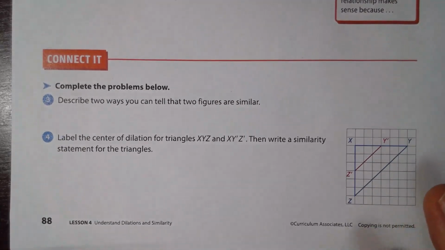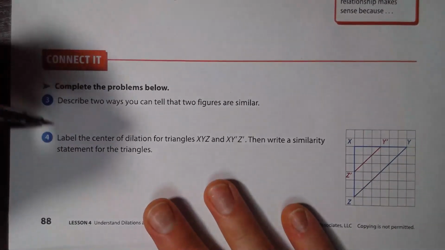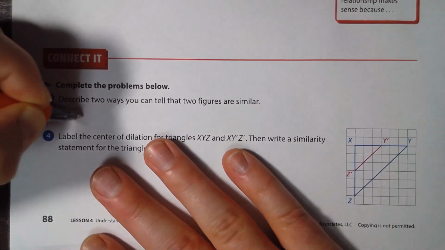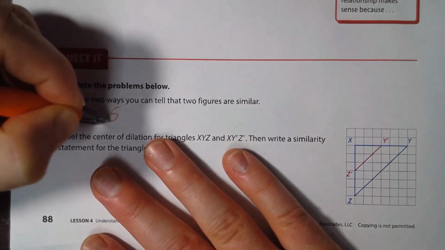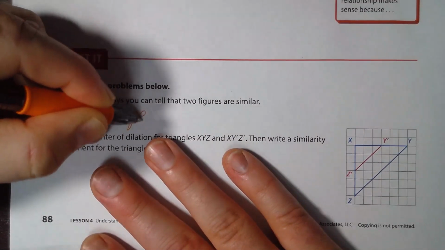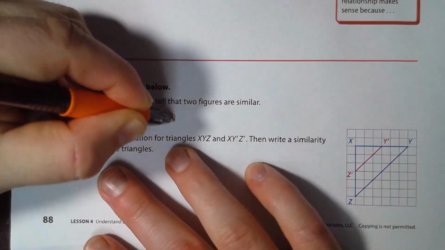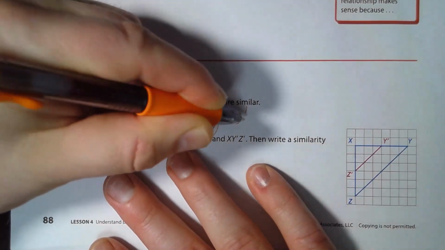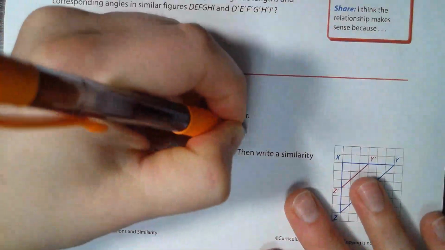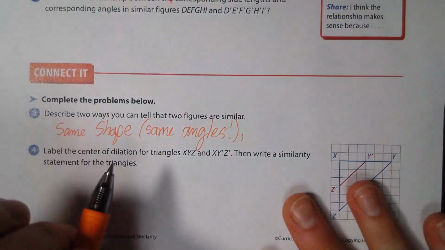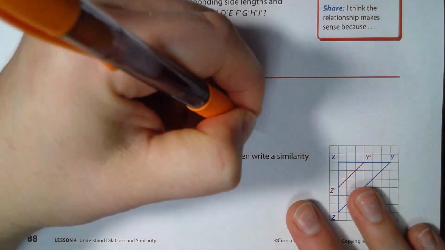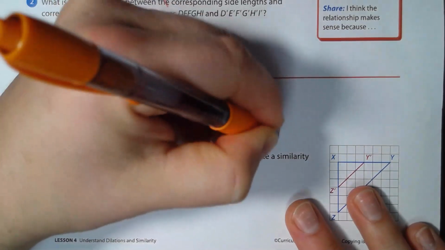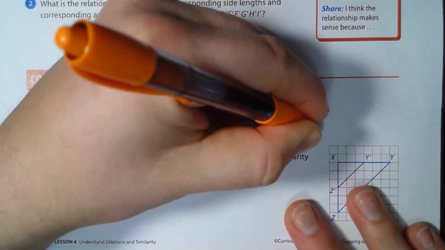Okay, so describe 2 ways we know if something's similar. Same shape, same angles, they're the same shape, and there is a scale factor.